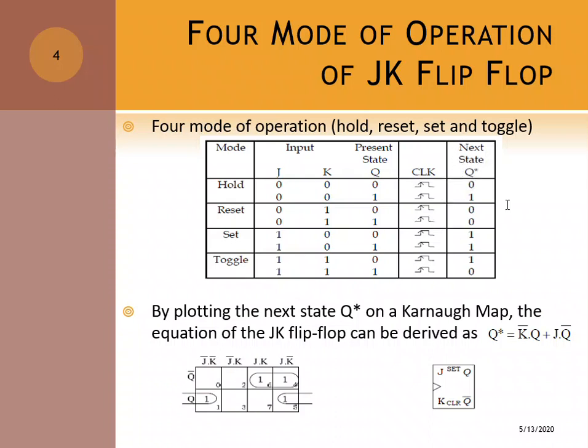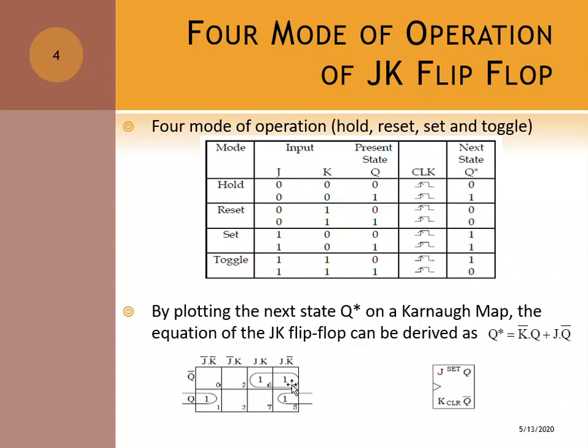To get the equation for Q star, find the value of output 1. This one, J0, K0, Q1. So J bar, K bar, Q. Okay, plot 1 here. Next, J1, K0, Q0, J, K bar, Q bar.